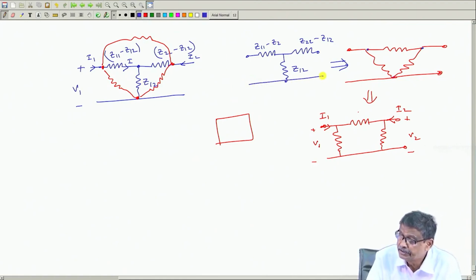This is the T representation, the T network. This is not the T representation with ABCD parameters.